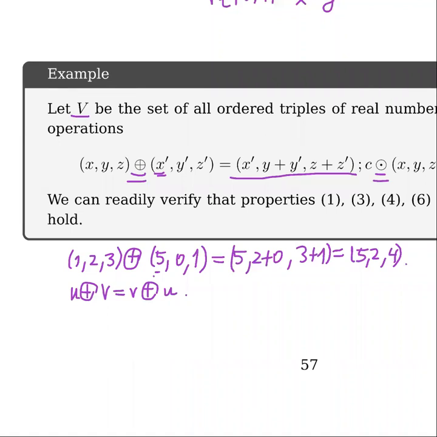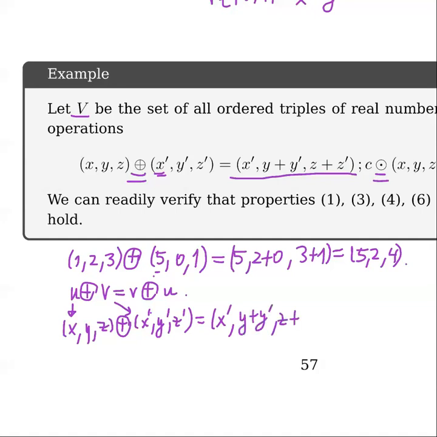The answer is no, right? Because if we take u to be (x, y, z) and v to be (x', y', z'), and if I ⊕ them, we know that this is (x', y plus y', z plus z').